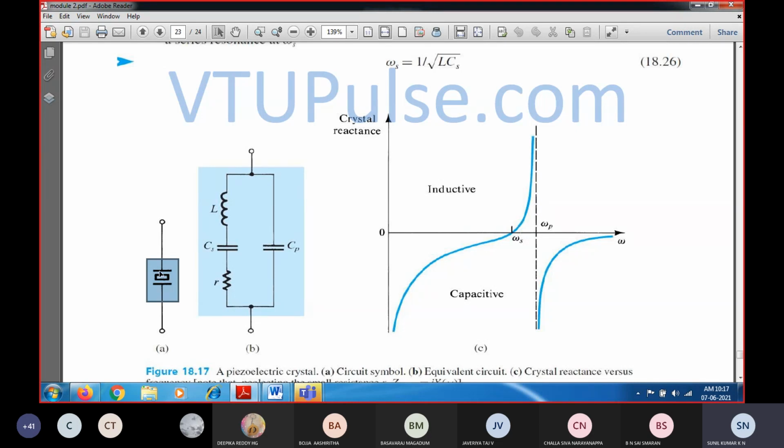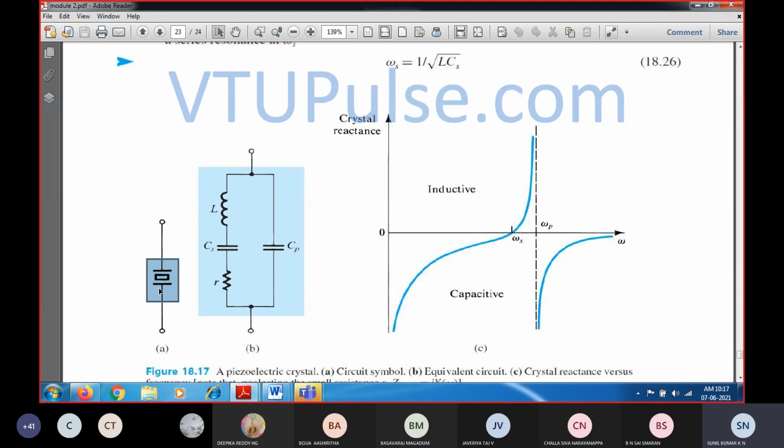When you apply any voltage across the two electrodes, that is, one metal plate and the other also a metal plate, this crystal will mechanically deform. It changes its shape and starts vibrating with its fundamental frequency. Whenever the input signal voltage is matched to this crystal's resonant frequency, it will start vibrating. This works under the principle of the inverse piezoelectric effect.